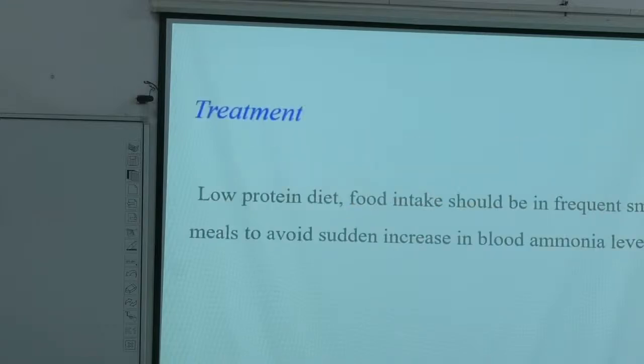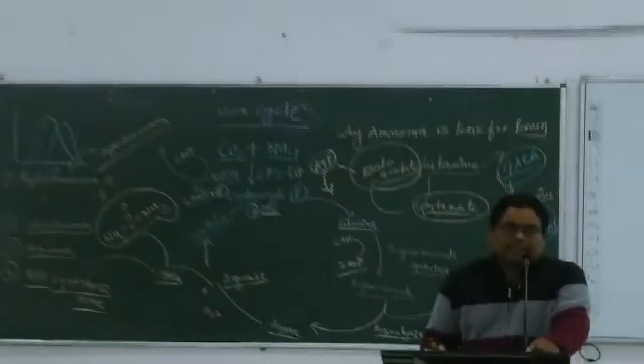In the next class we will discuss different amino acid metabolism in detail, and there are also some cases. Cases are also included in this. What will the cases be, you should look at. How are the cases?